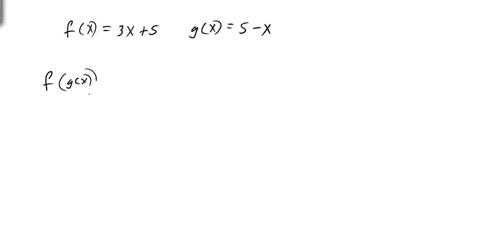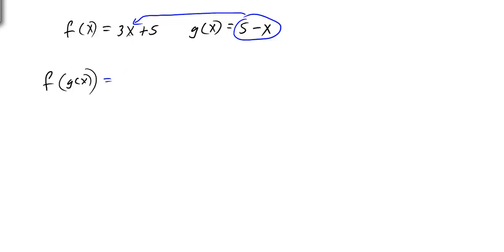So let's look at another example here. If we have f of x equals 3x plus 5, and g of x is equal to 5 minus x. So if we start out, I want to find f of g of x. So if I'm looking for f of g of x, then that means I'm going to take function g, which is 5 minus x, and I'm going to substitute that into function f.